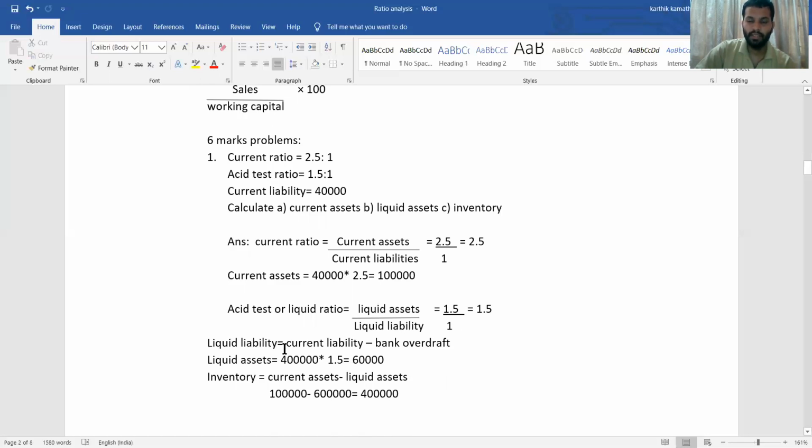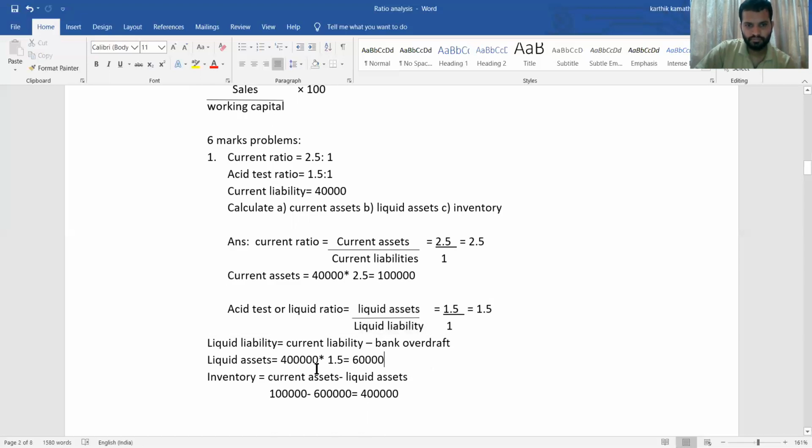Liquid liability means current liability except bank overdraft. So current liability minus bank overdraft. In this problem, bank overdraft information is not given. So liquid asset is equal to liquid liability into 1.5, cross multiplication.